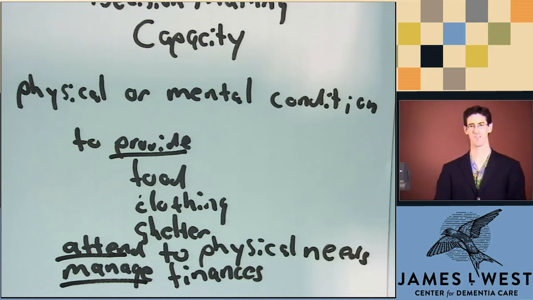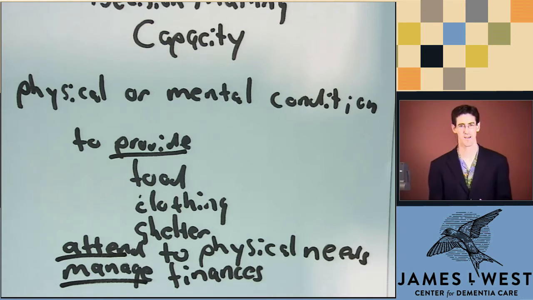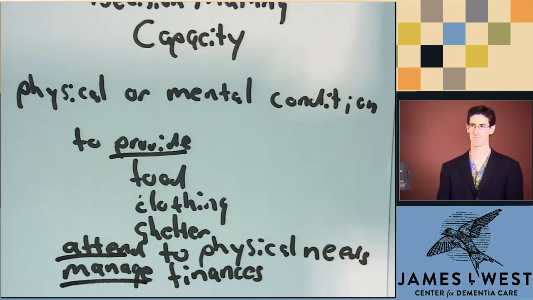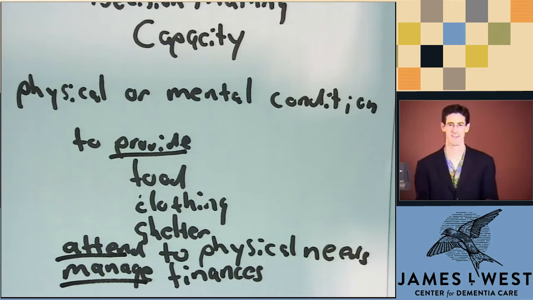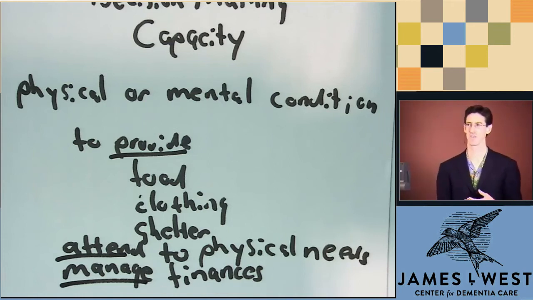So they have to not only provide food, but they have to provide safe food. Just as with shelter, they have to provide safe shelter. So we wouldn't say that someone's able to provide shelter because they can find a bridge to hover under, right? Or they're able to provide shelter because they do have a roof over their head.